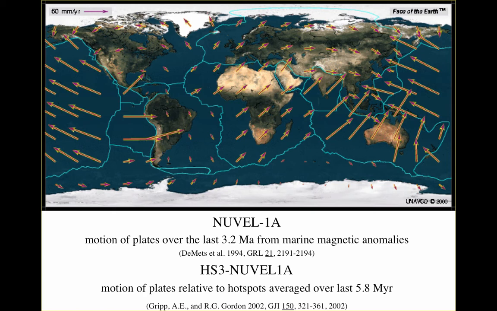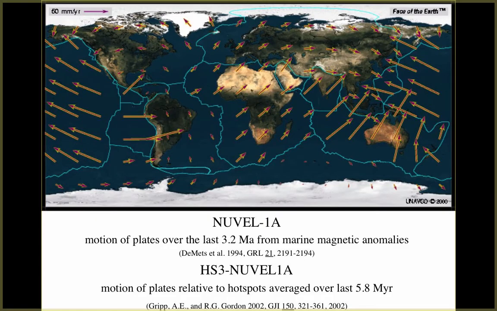Some of the models that are most well known are Nuvel-1A, a model that's 20 years old now, that's based entirely on those plate motions. It's an average over the last 3 million years.